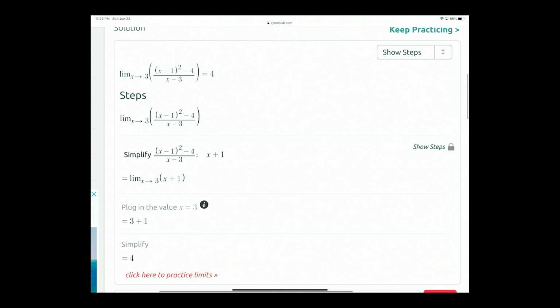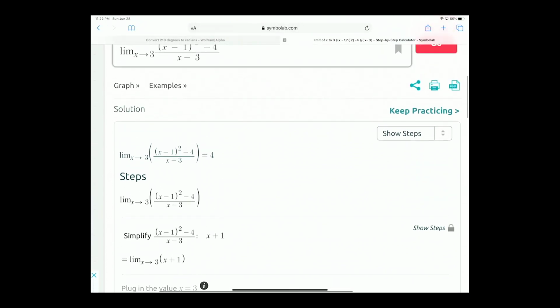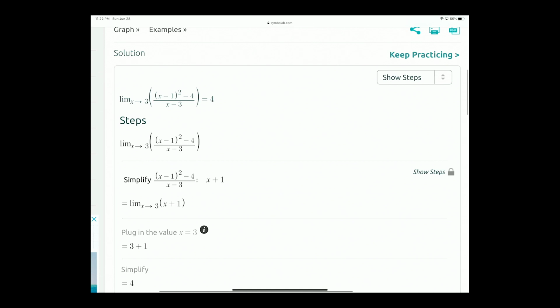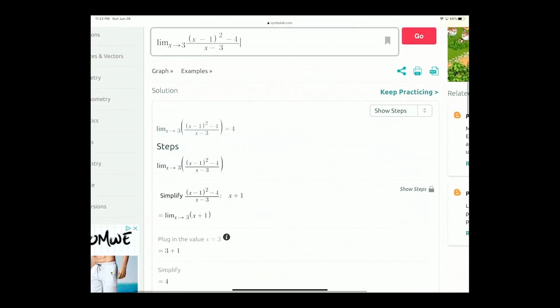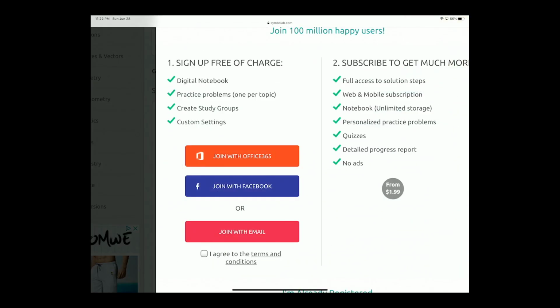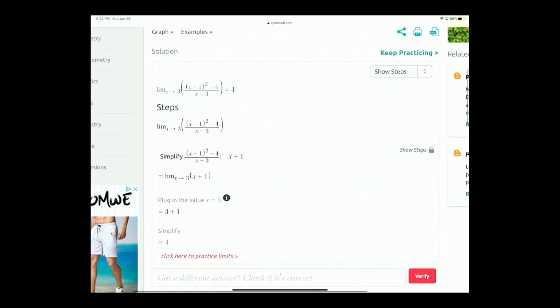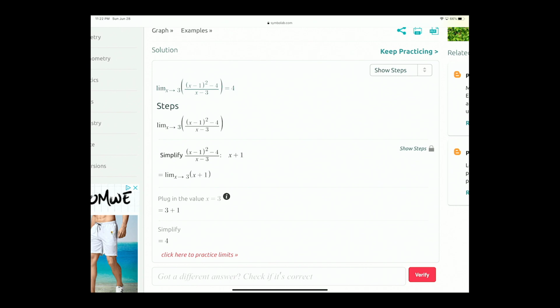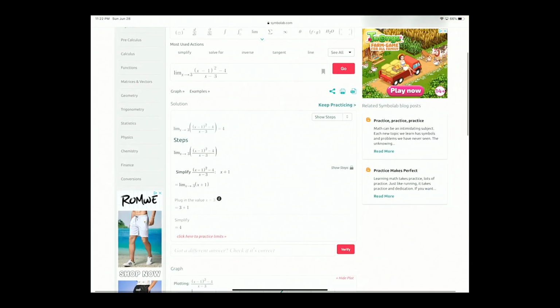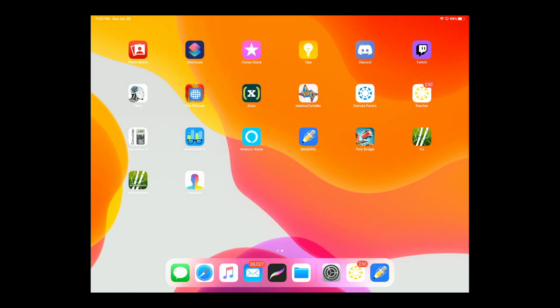But it also has show steps. Now, looks like they locked them here, but on a lot of problems on Symbolab, you can get it to show you the steps. I'm not paying $1.99 to show you it, but if you wanted it to, you could make them show you how to do this limit. So that's the advantage of Symbolab versus Wolfram Alpha.